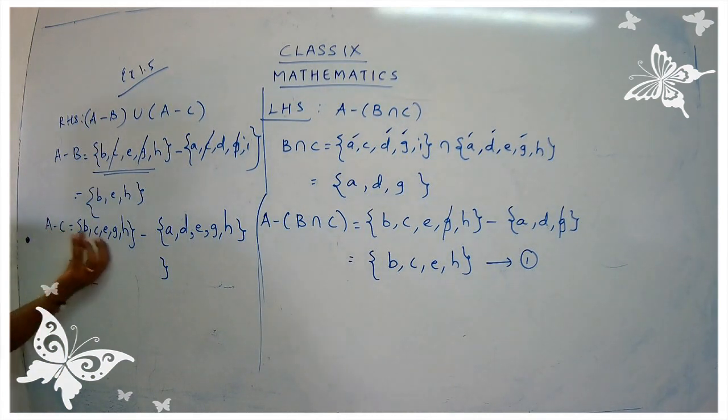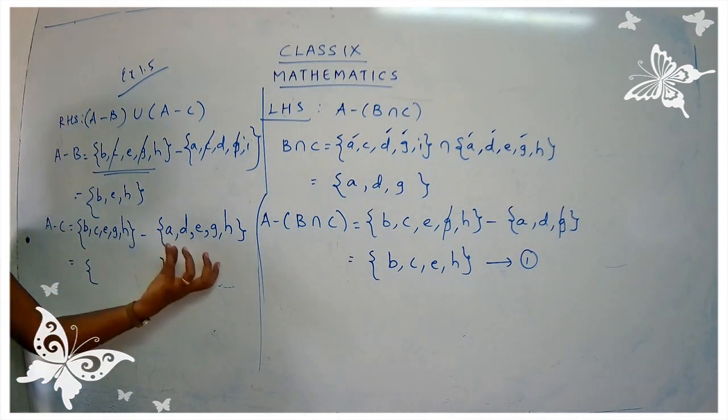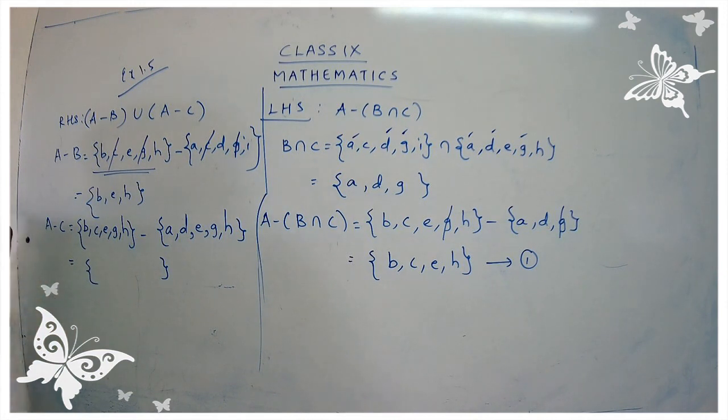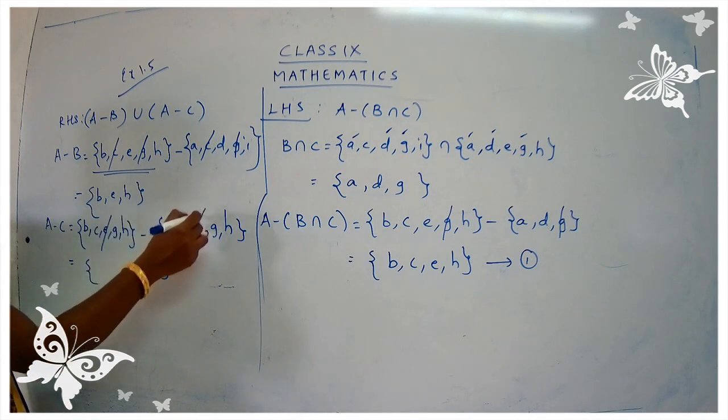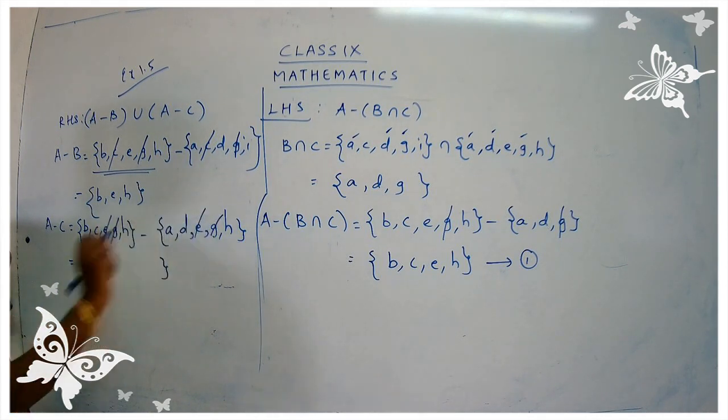I'm just copying the members of A and I have copied the members of C. That's all. Okay. Now what is the thing you're going to do for A minus C? Cut the common members. B is not there. C is not there. E is common. G is common. H is common.